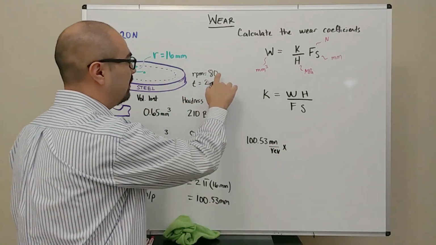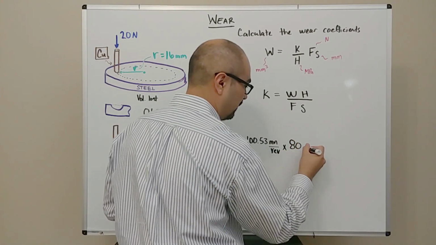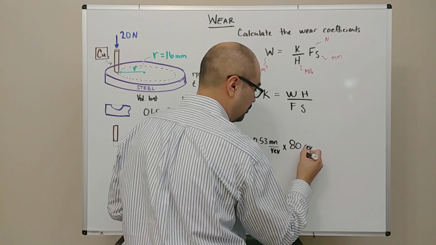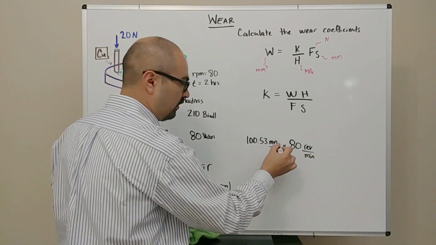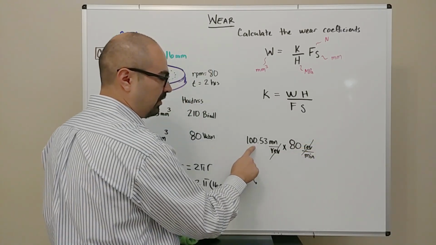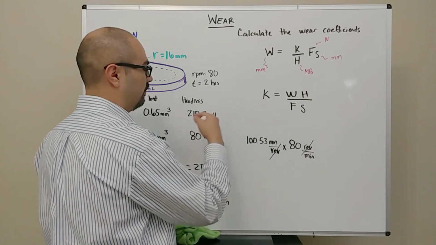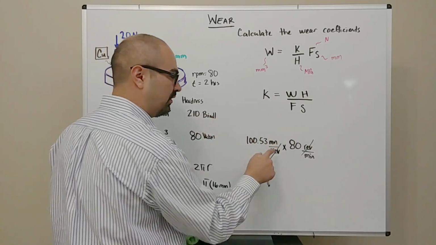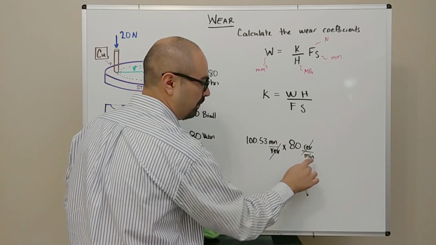If we multiply it now times 80, because it's doing 80 revolutions per minute, you can see here the units, we can calculate now how many millimeters of rubbing distance occurred in 1 minute, because we have millimeters per minute.